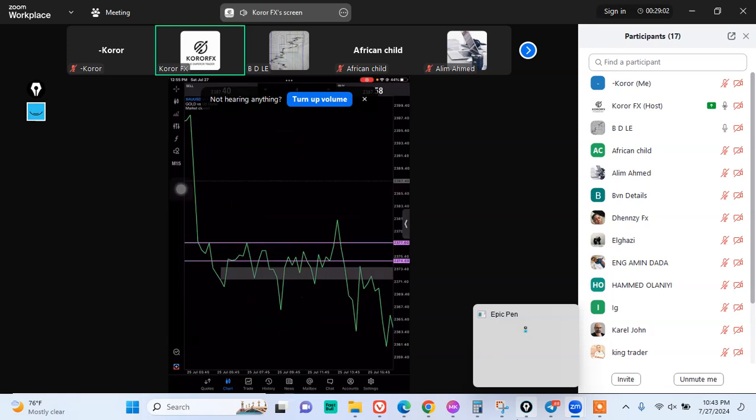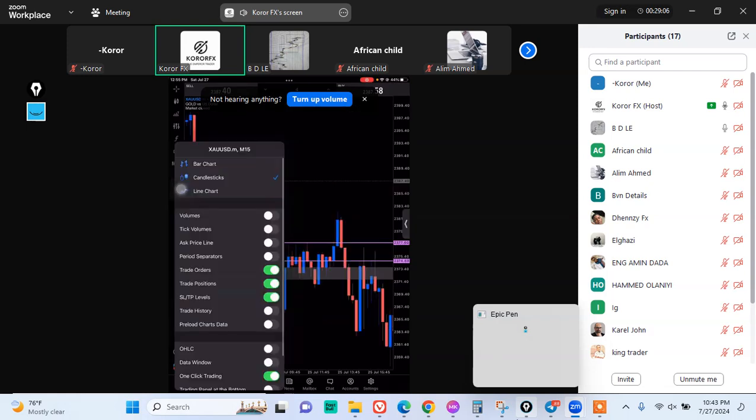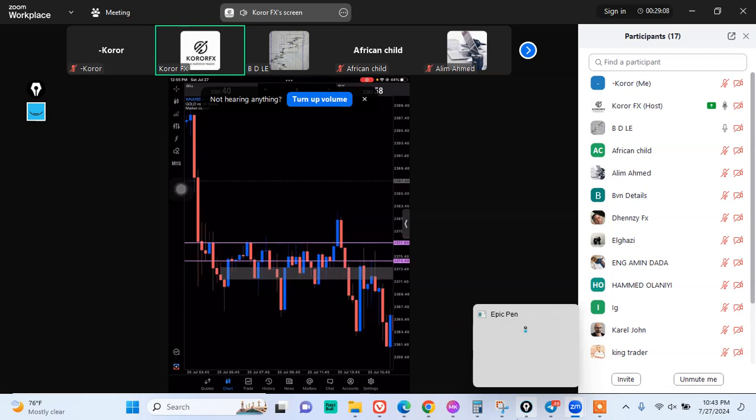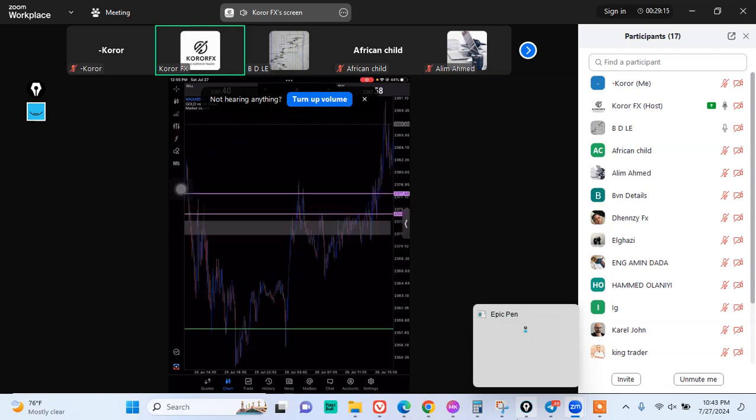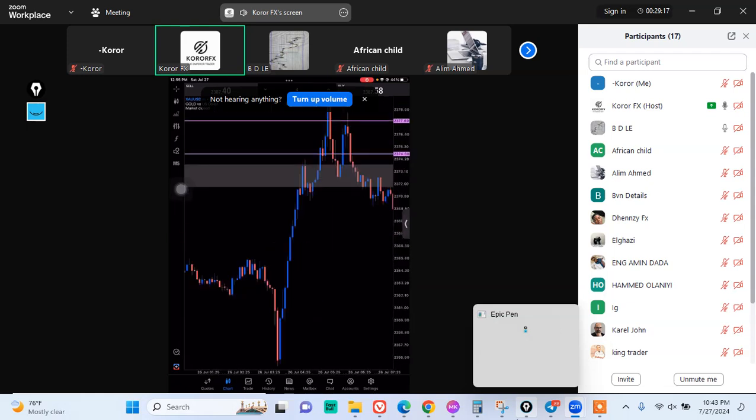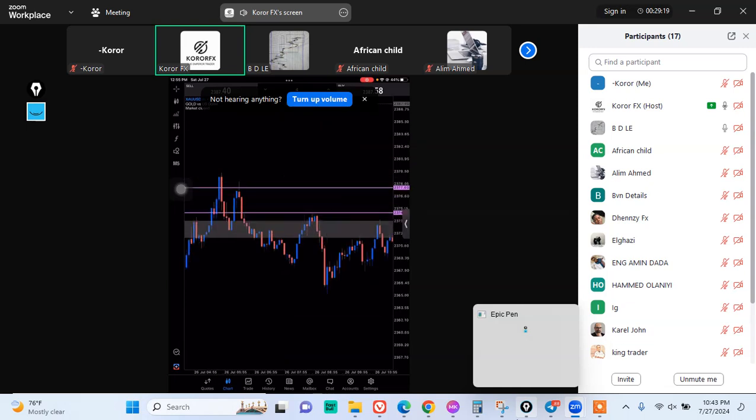So I will switch into candlesticks and control this zone at 5 minutes. Then you will see when price touches here, it started selling.